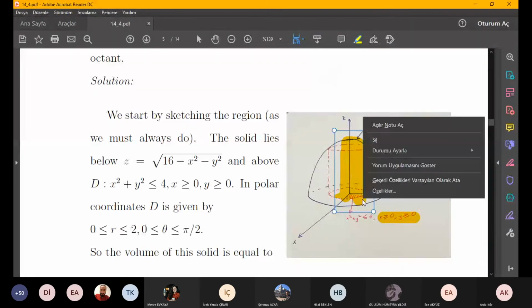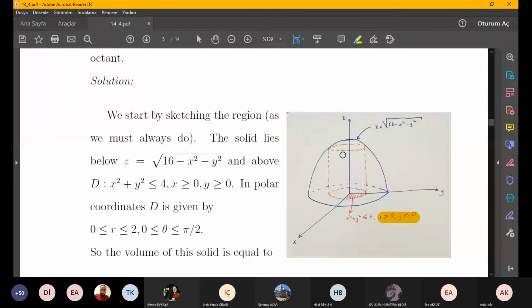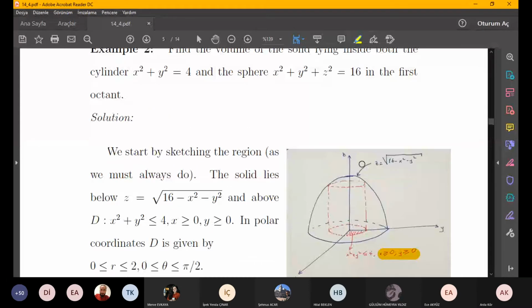This is a slice of the solid which is inside both the sphere here and the cylinder, but only in the first octant. So that is why I called it as a slice.